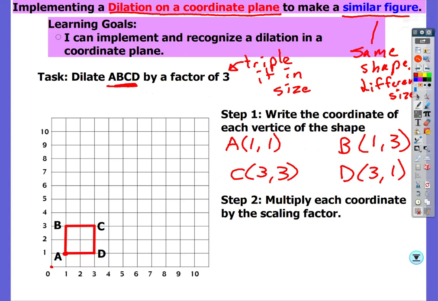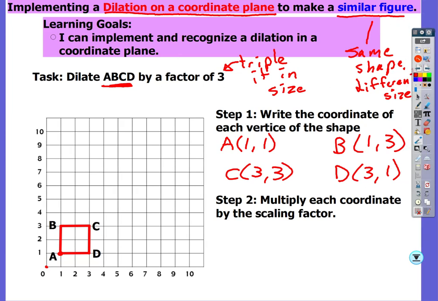All I'm going to do is take the distance from the origin and triple it. For instance, if I wanted to get the dilated vertex for B by a factor of 3, I would take this line and triple it in length to get about there.